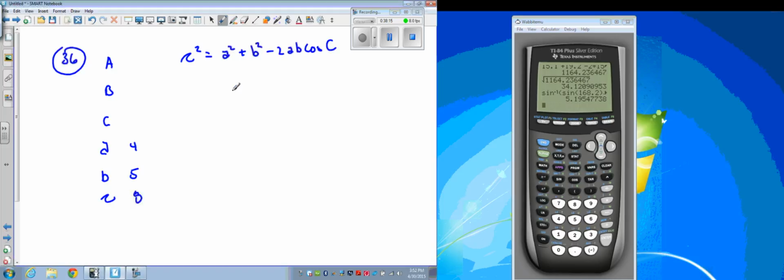Yeah, we got those. So cosine C equals A squared plus B squared minus C squared over 2AB.